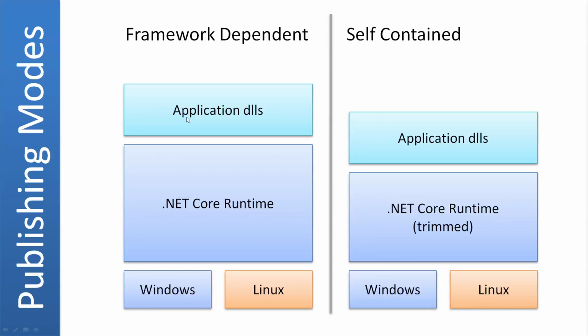This is framework dependent. In self-contained, we need to distribute your application DLLs along with the .NET Core runtime. So in self-contained, the operating system or host machine doesn't contain the runtime. We need to distribute it along with our application DLLs.